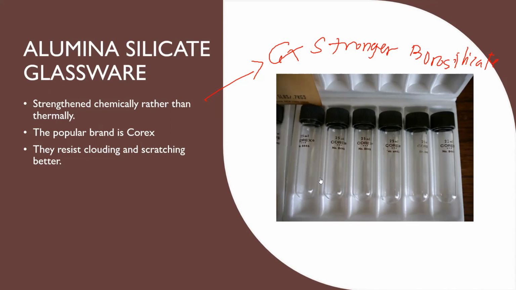And one of the good things is since it can resist clouding and scratching, okay, it is much more expensive than the Pyrex. Okay, take note, people, that these aluminasilicate glassware are alkaline resistant glassware and therefore can be used best to handle strongly alkaline solutions.